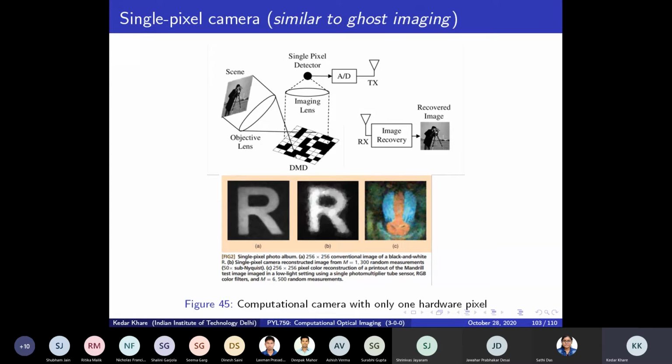Excuse me, sir. As you said, in the DMD chip some mirrors will be on and some mirrors will be off. How does it read the image? No, the image is not read by the DMD. The image is reflected by the DMD into the detector. In a projector, what happens is you send a pattern that you want from a computer.